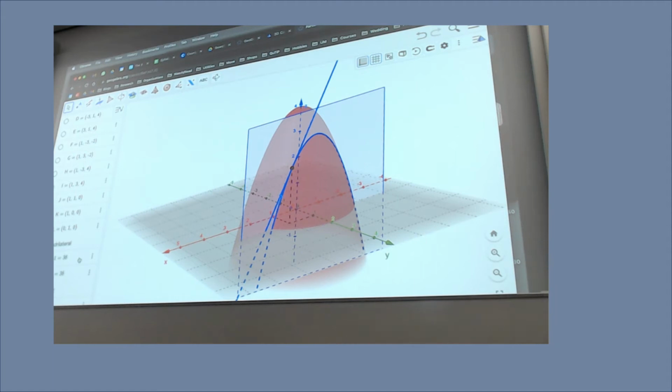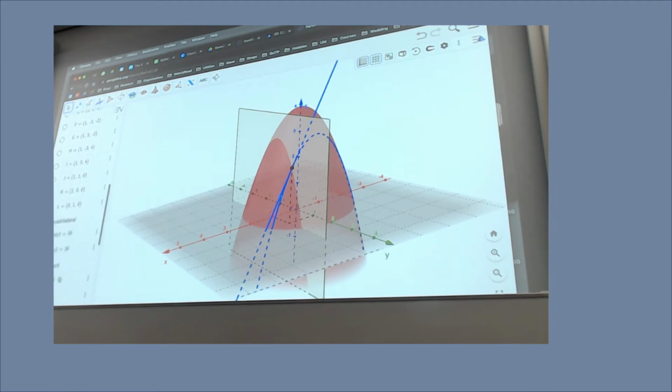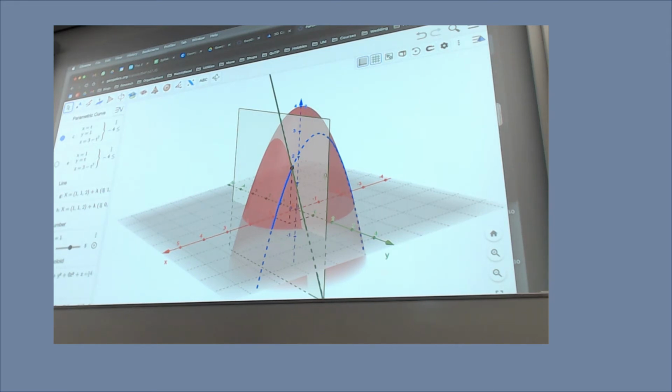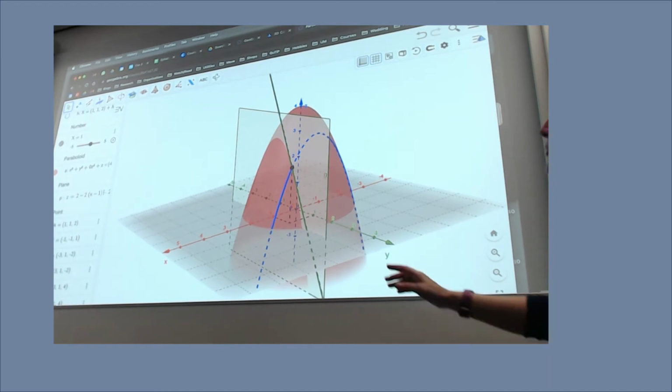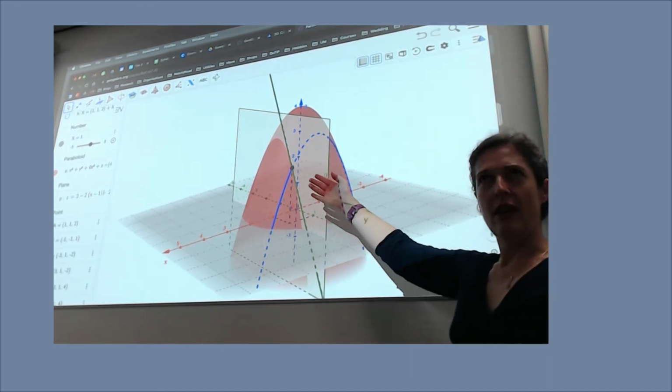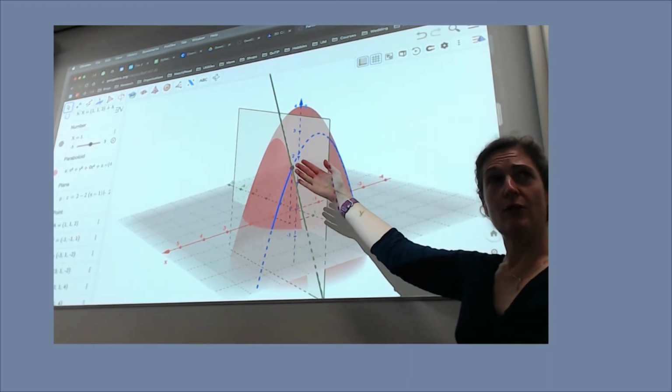And it should be no surprise that we could do exactly the same thing, but instead we can use our y's. Now I'm imagining that I'm holding x fixed.